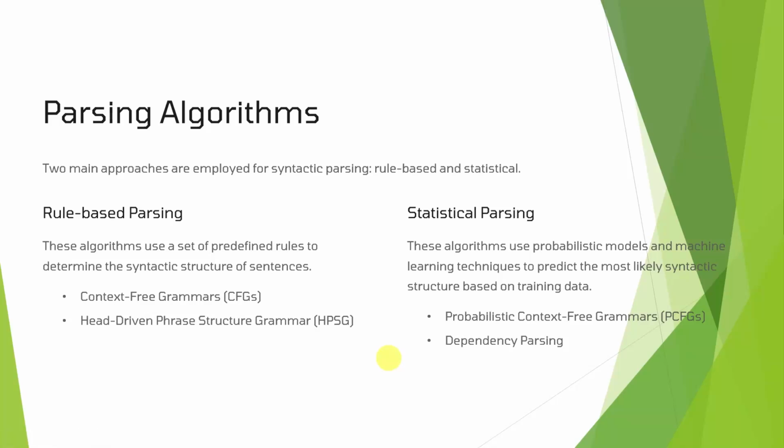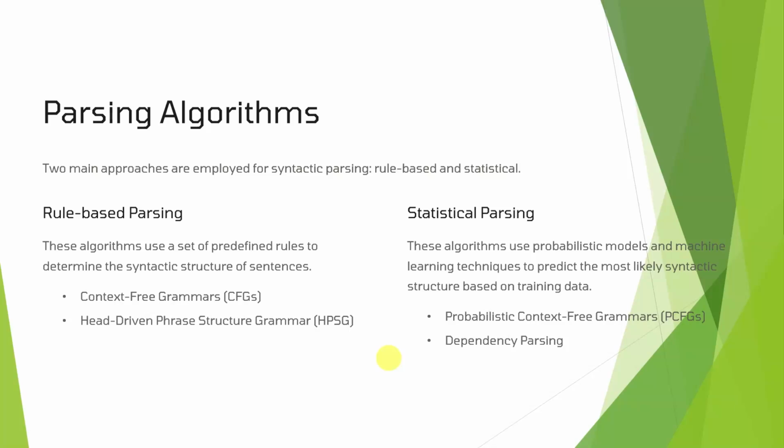Here we have different parsing algorithms. The two approaches employed under syntactic parsing are rule-based parsing and statistical parsing. Rule-based algorithms use predefined rules to determine the syntactic structure of sentences, and especially we discussed context-free grammars and phrase structure grammars. These are examples of rule-based parsing.